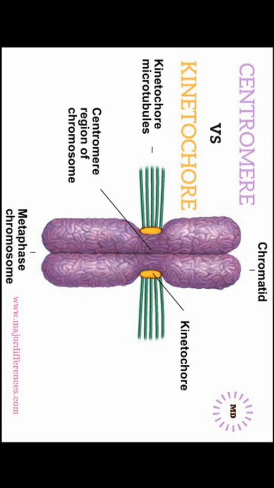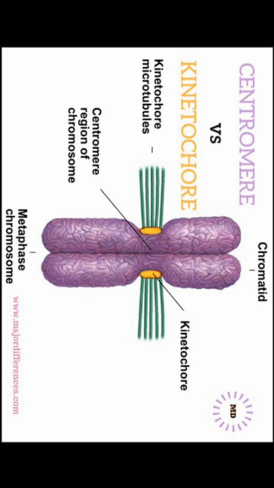Whatever the chromosomes present, every chromosome has a primary constriction or centromere, on either side of which are disc-shaped structures called kinetochores. On both sides you can see the yellowish disc-shaped structure called kinetochores. So how many kinetochores can be present in one chromosome? Two kinetochores. So each chromatid has how many kinetochores? One kinetochore, right?